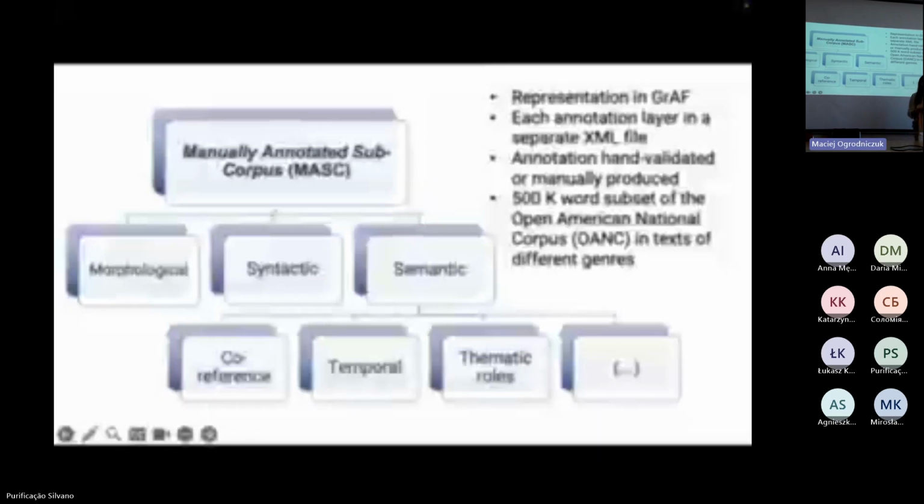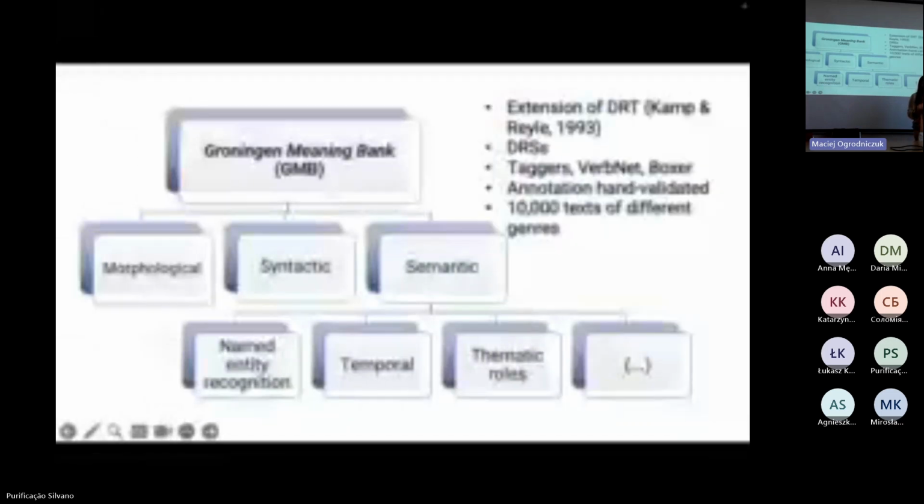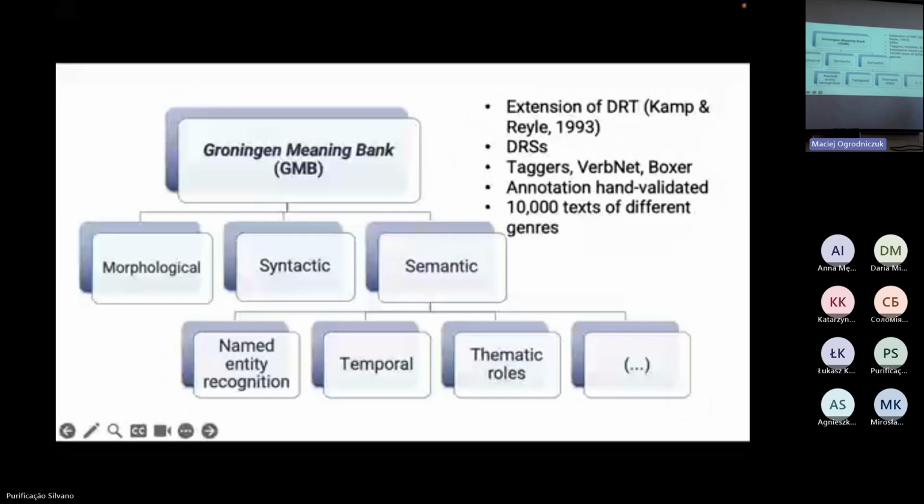And if we look, for instance, into the Groningen Meaning Bank, a well-known data set, it's also a very complete annotated data set, but when we look closely, we see that it's missing some information that may be relevant, for instance, to extract temporal relations.